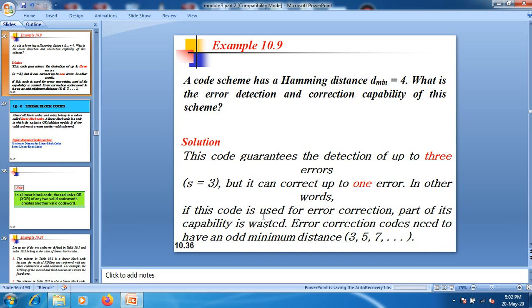If this code is used for error correction, part of its capability is wasted. Error correction codes need to have odd minimum distances, that is 3, 5, 7 and so on and so forth.